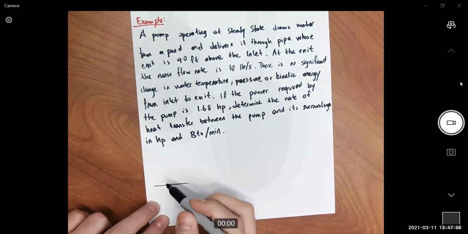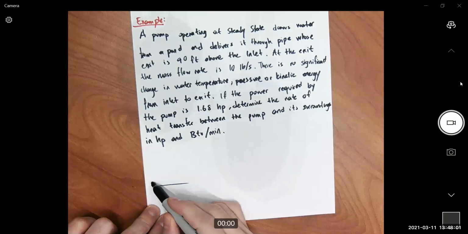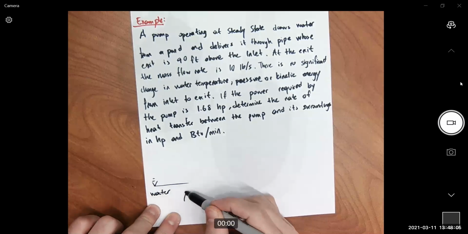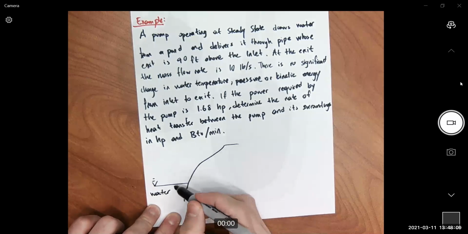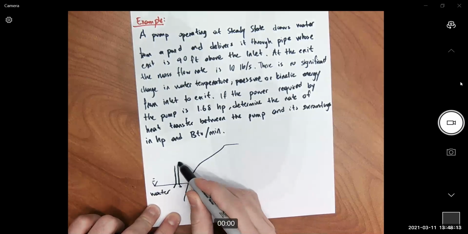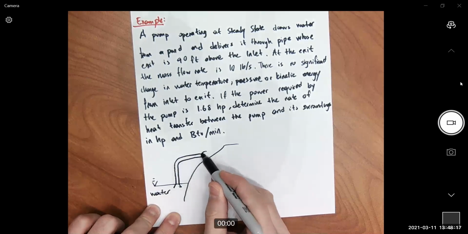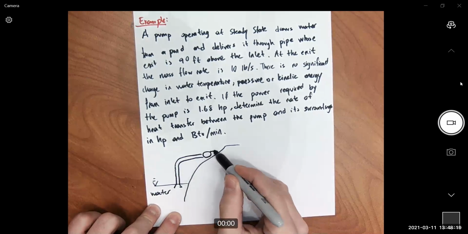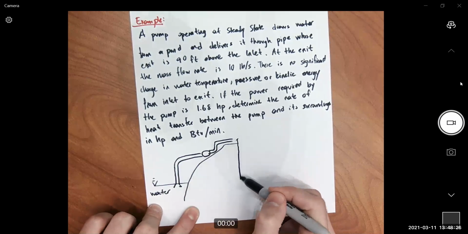So I have a pond, water, pump here, and I carry that water somewhere. Its elevation is 90 feet.